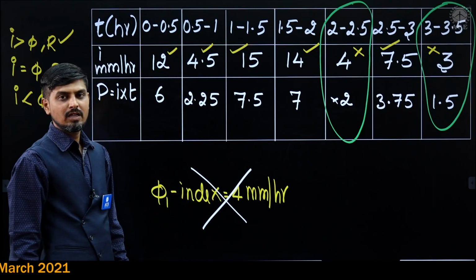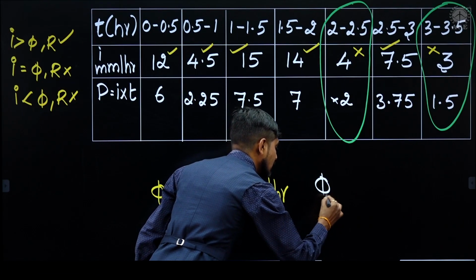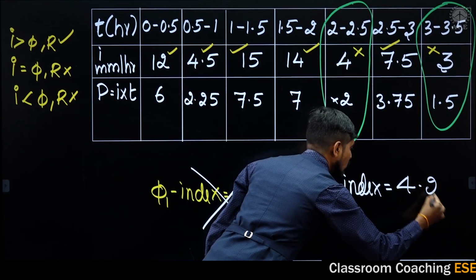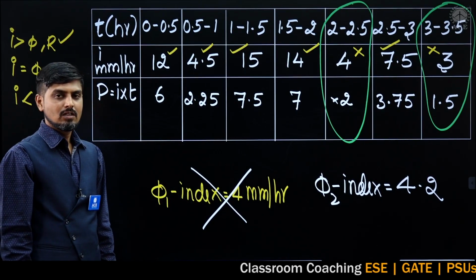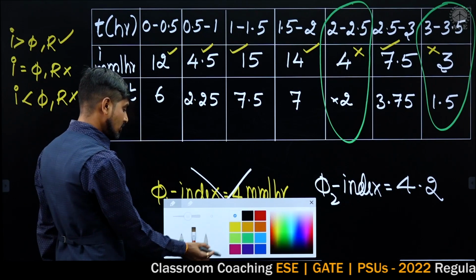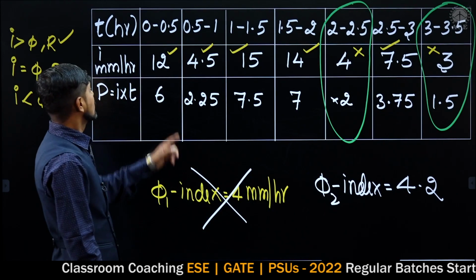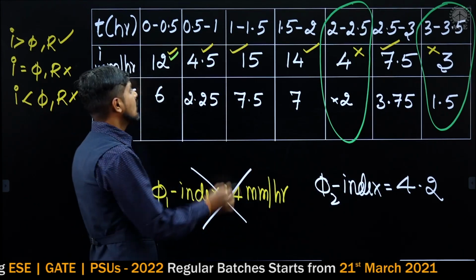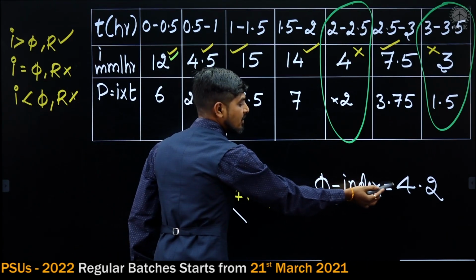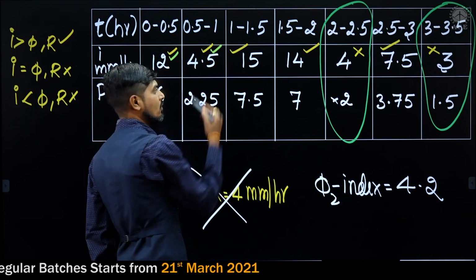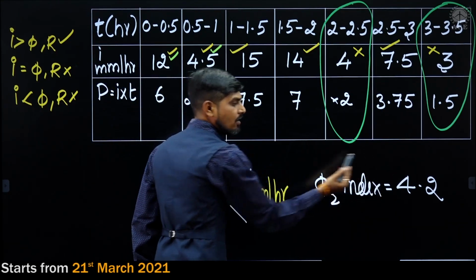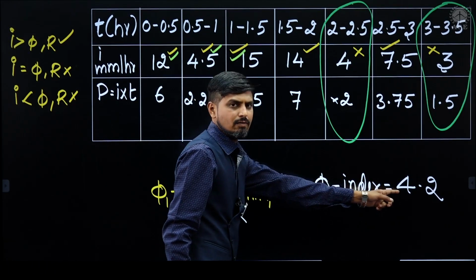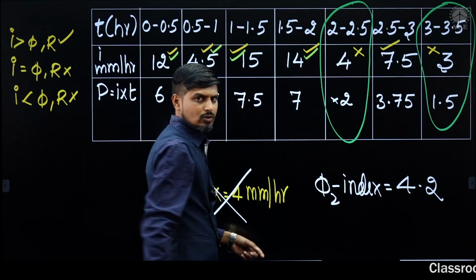Okay, let me come to the same table here. Now your phi index from the second trial is 4.2 mm per hour. So now compare. 12 intensity is greater than 4.2. 4.5 is greater than 4.2, so you will observe runoff. 15 is greater than 4.2, so you will observe runoff here. 14 is greater than 4.2, so there will be runoff.